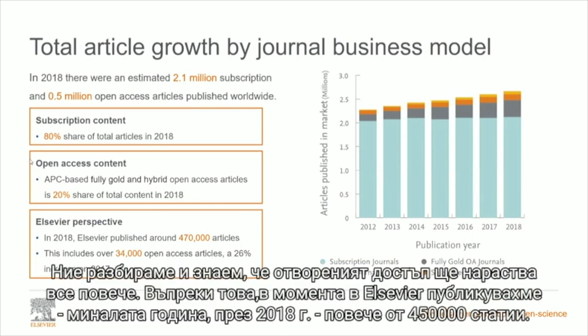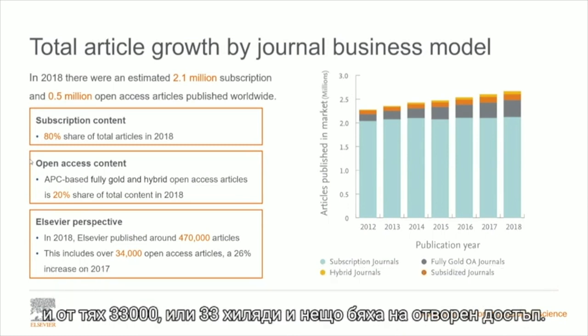We understand and we know that open access will be increasingly growing. However, currently at Elsevier, in 2018 we published more than 450,000 articles, and out of that, 33,000 were open access.